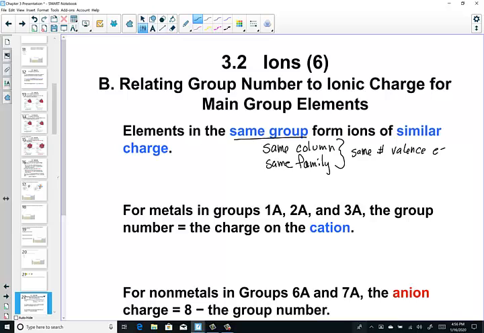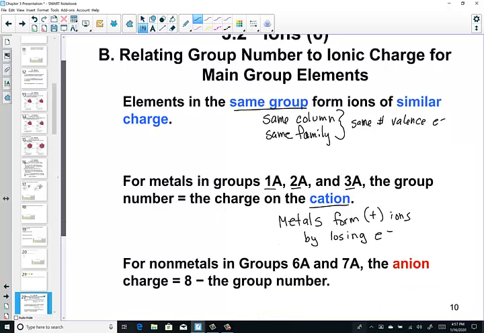For metals in group 1A, we know that they have one valence electron. Group 2A means they have two valence electrons, and in group 3A, they have three valence electrons. The metals will always form positively charged cations. We've seen that trend from our last set of drawings. Metals form positive ions by losing electrons.